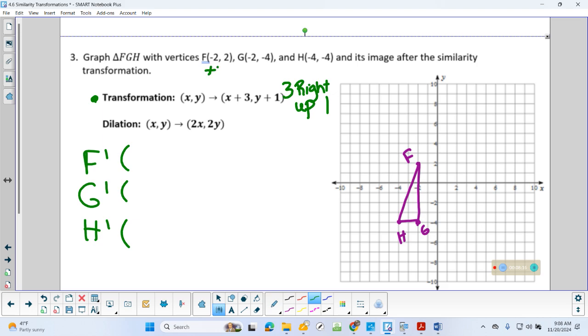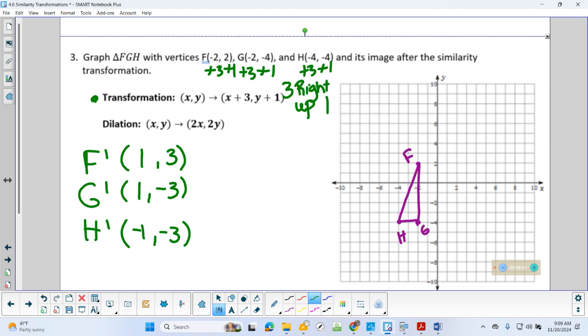I'm going to add the 3 and add the 1 to each of these. So negative 2 plus 3, 2 plus 1. So I'm going to have 1, negative 3. Same thing to this. I'm going to add 3, add 1, because I think I'm going to need these ordered pairs to get me to the dilation. Now, again, choice.